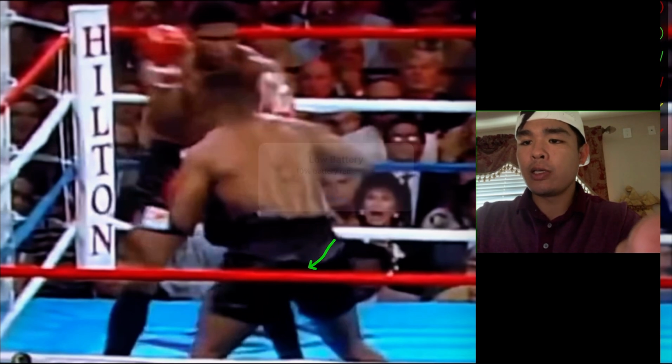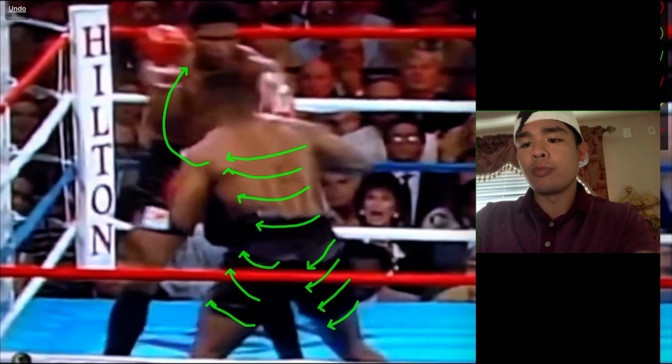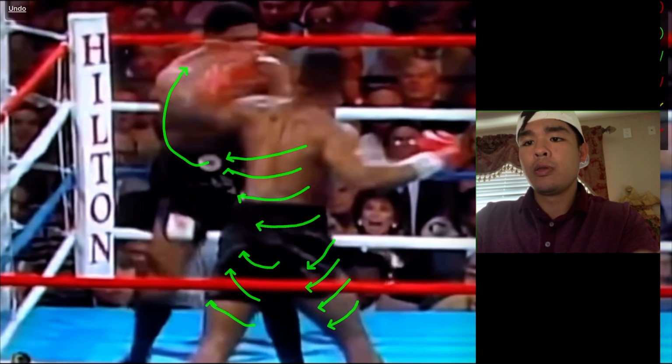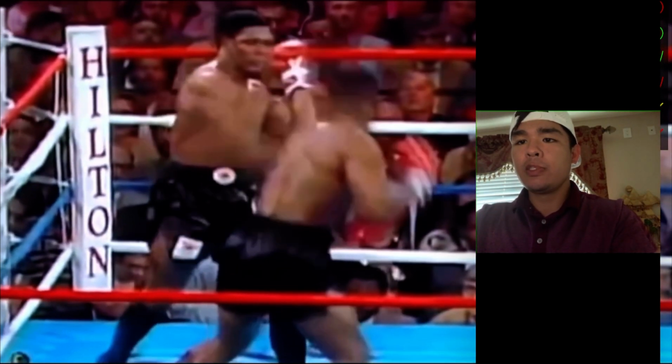This looks like it's rotating here, rotating here, rotating here, and that sets up this, sets up this, and then the arm comes. Right, so it's almost right here where he initiates the punch, right? Let's continue.